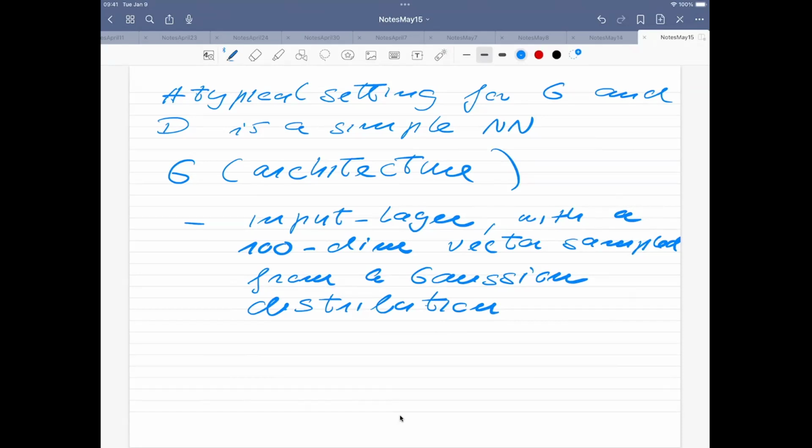This input space is normally called the latent space, and it is assumed to be much smaller than the final dimensionality you're looking for. I'm going to call the latent space H here, and it is smaller than or equal to the final space. X is the final space, as we used in the diffusion model and also with the variational autoencoders.